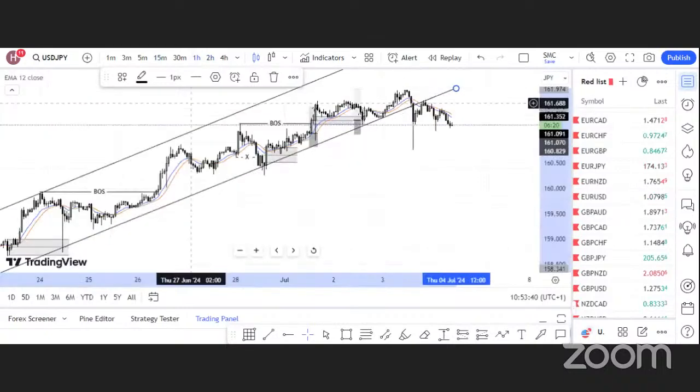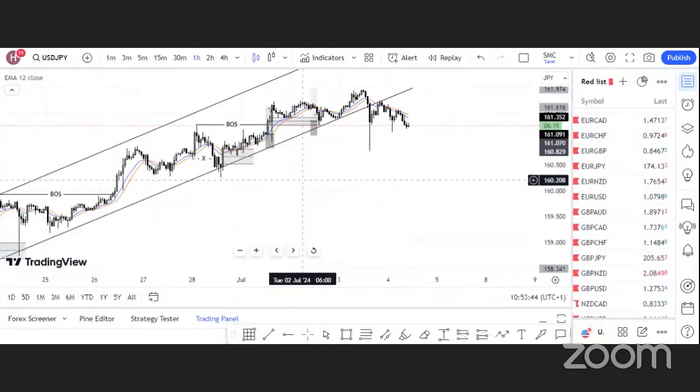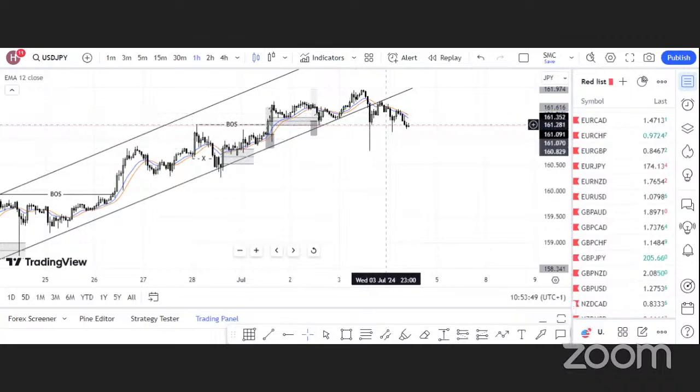So let's head on to the 1 hour time frame. All right, on the 1 hour time frame, the market is making bearish moves. All right, we have a long candle that got rejected from this zone.